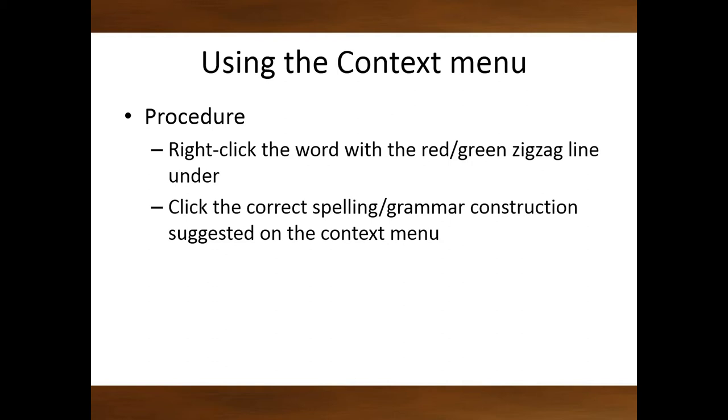To correct a wrongly spelled word, the procedure is quite simple. Step 1. You right-click the word with the red or green zigzag line under it.